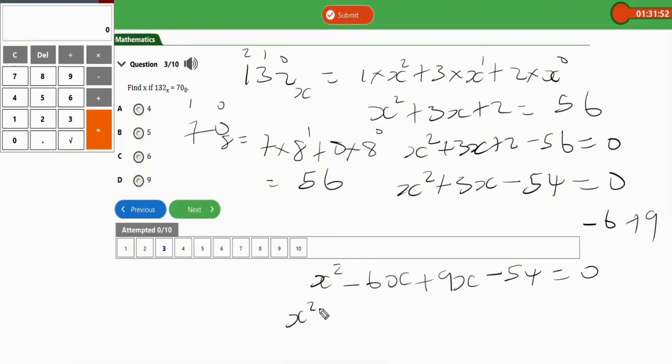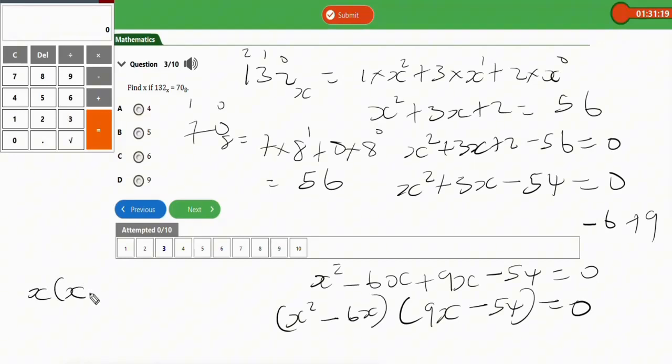So it's going to be x squared minus 6x in brackets, then 9x minus 54 equals 0. When you factorize this, the bracket is going to have x in bracket x minus 6. Then when you factorize the other bracket, you're going to have plus 9 there.